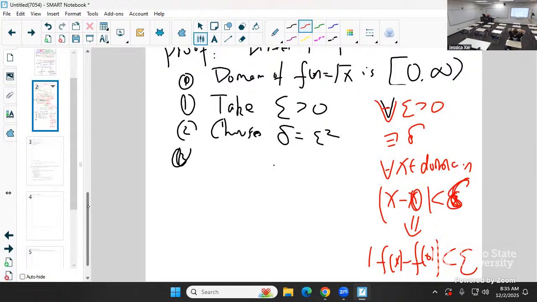If you're not quite familiar with the definition, you can write it down side by side. Right now we have picked an epsilon.